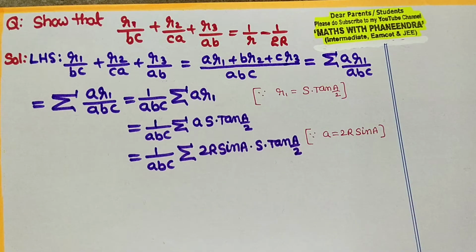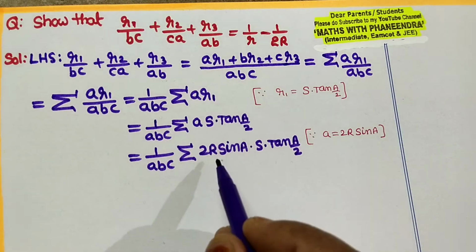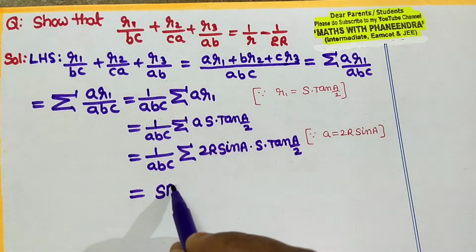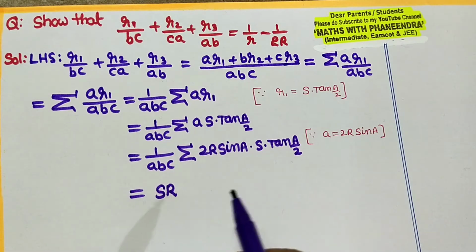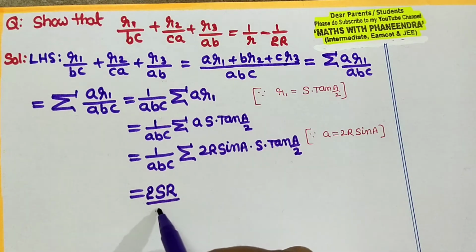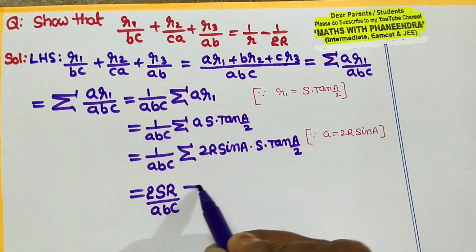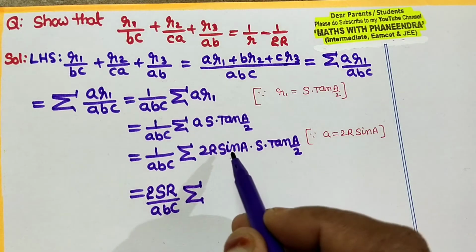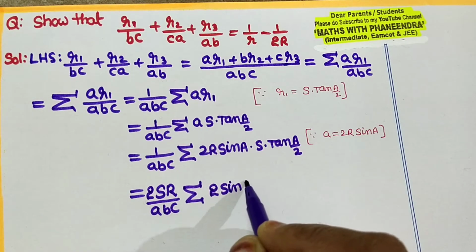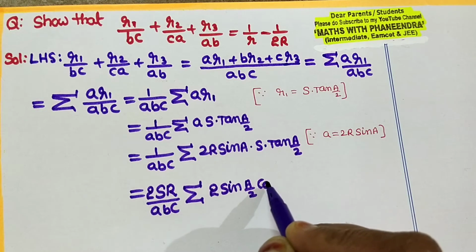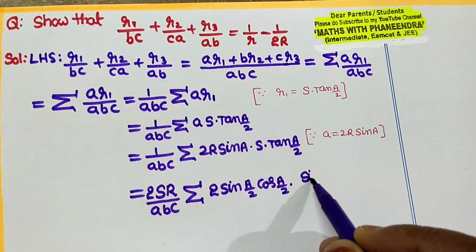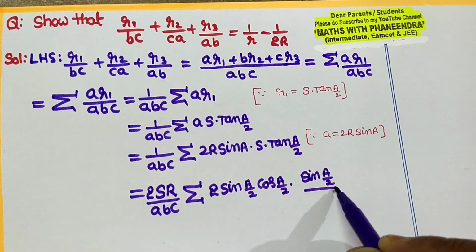After that, S and R, these two values we can take outside of the sigma. So it becomes SR divided by, even 2 also we can take outside, 2SR divided by ABC summation sin A. In terms of half angles, sin A is 2 sin A by 2 cos A by 2, into tan A by 2, which can be written as sin A by 2 divided by cos A by 2.